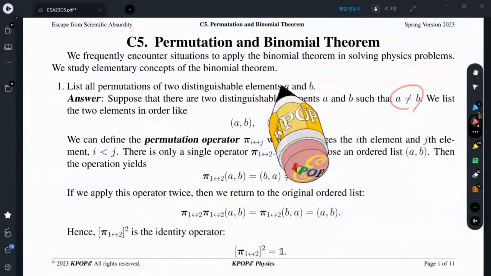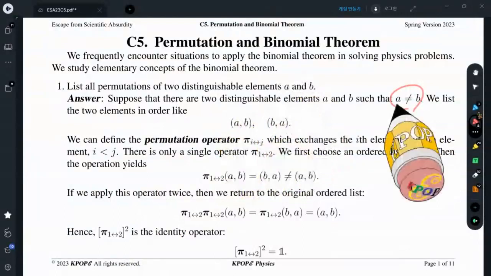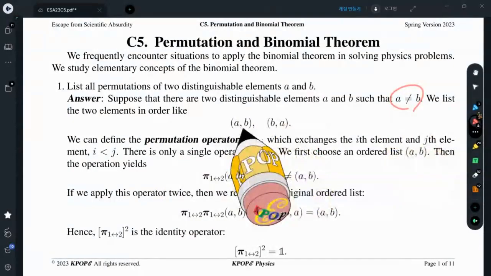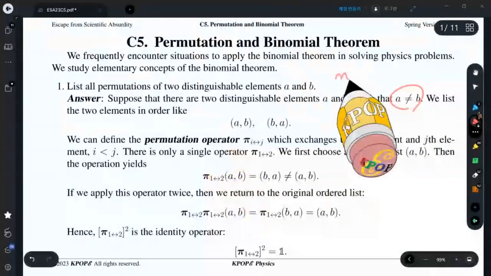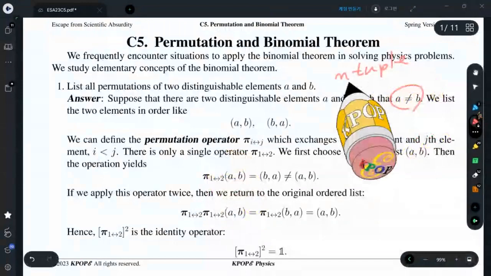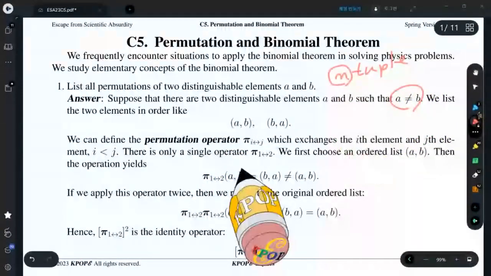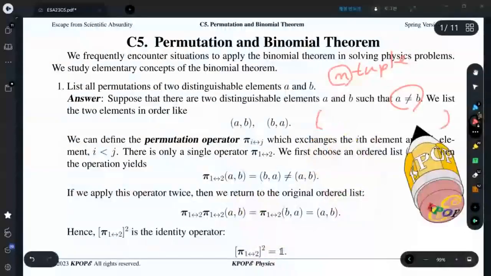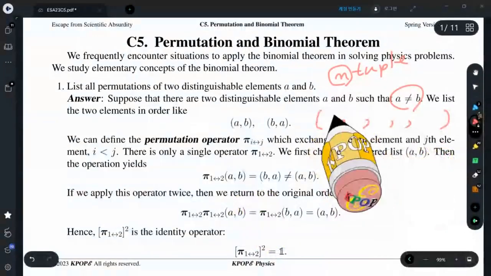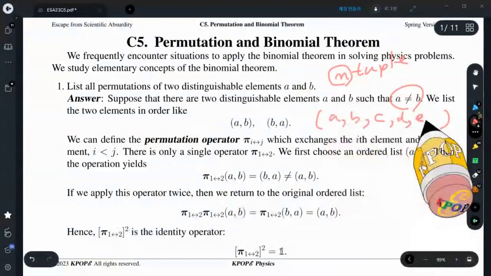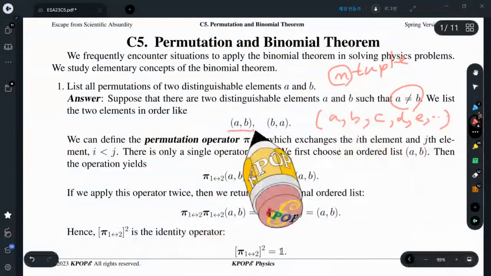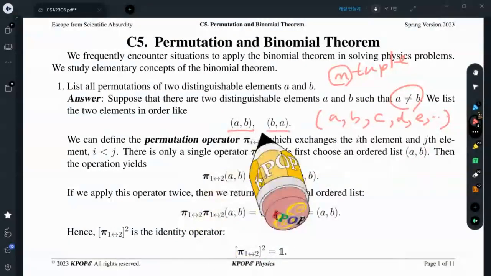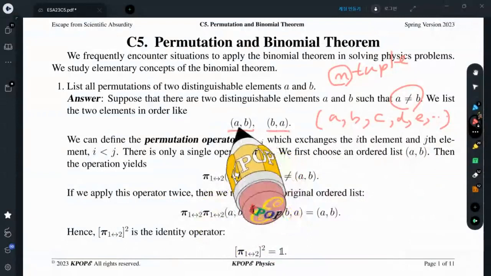Here, we distinguish A and B. So in that case, A and B can be listed only once, and we have an n-tuple. An n-tuple means that we have n distinct numbers, and we list them order by order, A, B, C, D, E, F, G, and so on. Here, n equals 2. So everybody knows that there are only two cases, AB or BA.